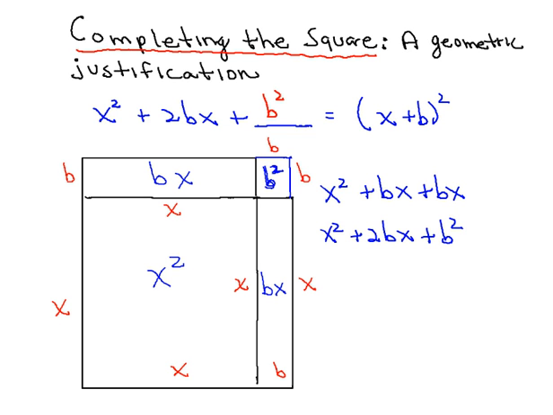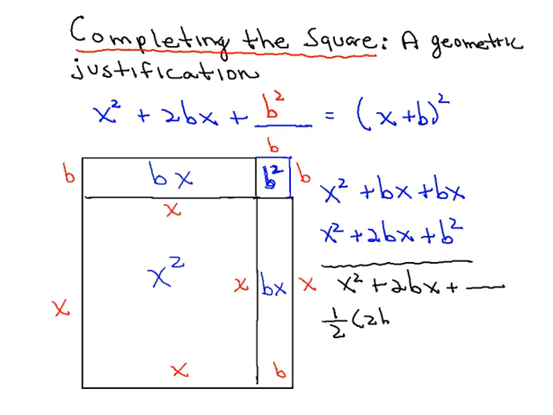Now the algebraic approach for completing the square is to do the following. Let me come down here below and rewrite those first two terms again. So we have x squared plus 2bx plus some constant to complete the square. What we'll do in a general sense is always take 1/2 the coefficient of the x term.